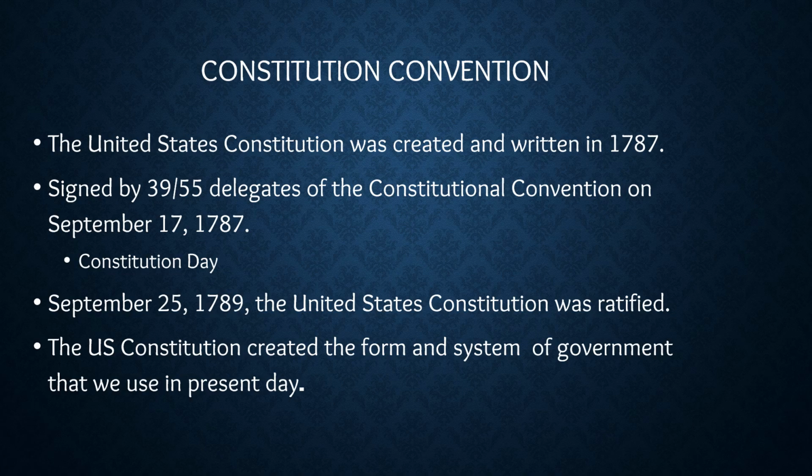And it was signed on September 17, 1787, which is known as Constitution Day. And it took about 2 years for a majority, or all, of the 13 states to ratify the United States Constitution. And the U.S. Constitution created the form and system of government that we use in present day.